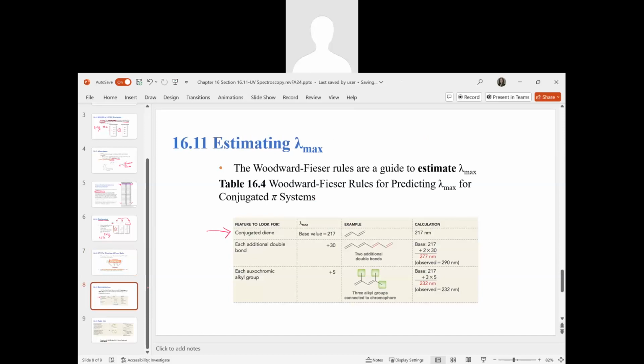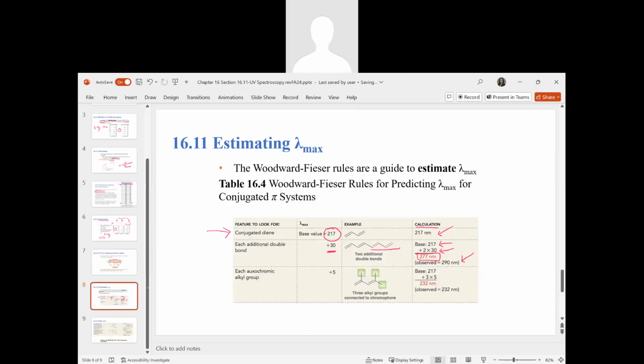We start with the conjugated diene, butadiene specifically, and we have a base value of 217 nanometers in this example. It's not really much of a calculation, it's just our observed value. Now we want to add 2 additional double bonds to our system. For each double bond, we're going to add plus 30 to our lambda max, and we can see 217 plus 60 will give us an approximate 277 lambda max, and our observed value is around 290. Again, this is an approximation, not an exact calculation.